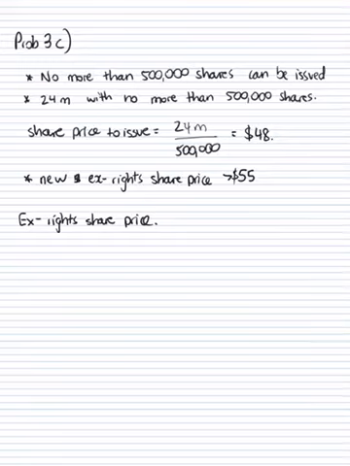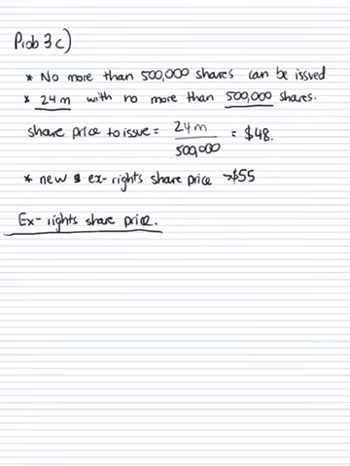There are multiple possible answers provided you stay within the constraints, which is not to issue more than 500,000 shares and that you raise the 24 million, and then the X rights share price stays above $55. Now what we're going to do is calculate the X rights share price and just check that this will maintain an X rights share price above $55.